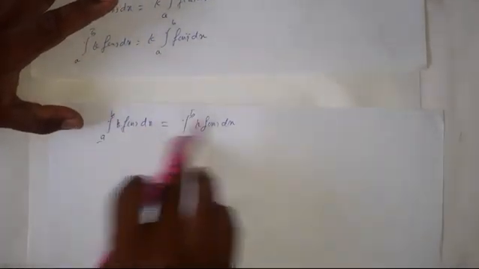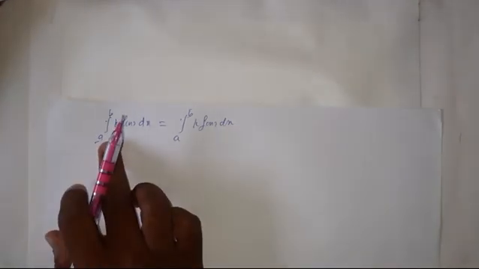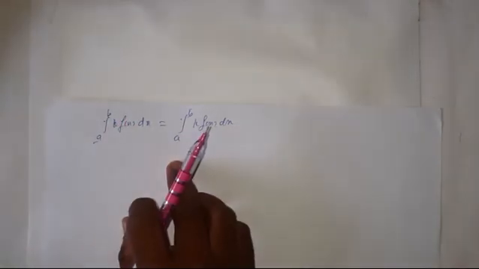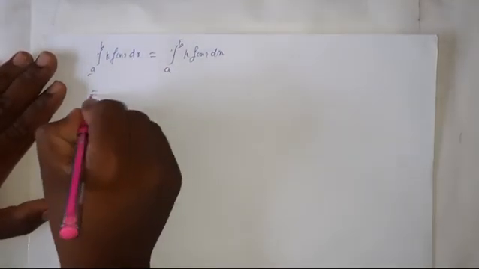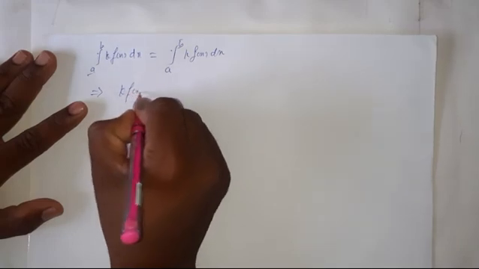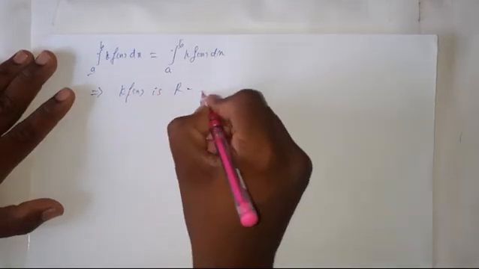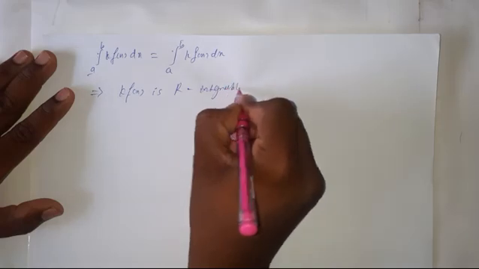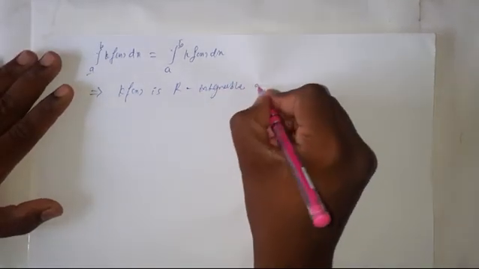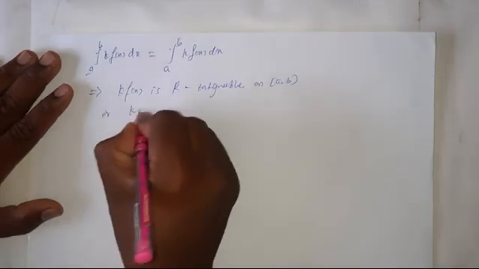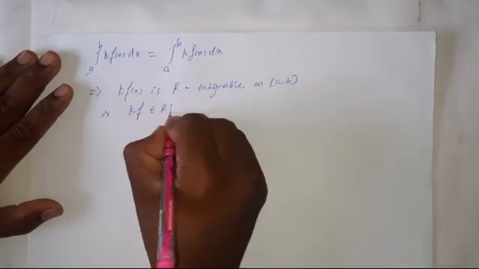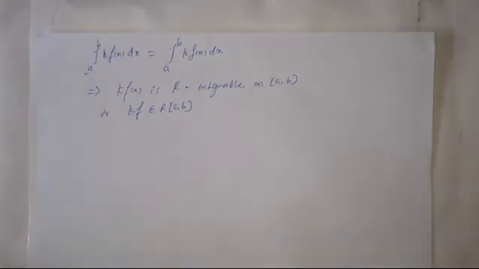So therefore, we got the result that the lower Riemann integral of the function kf is equal to the upper Riemann integral of the function kf. So therefore, it implies that k into f of x is R integrable on the interval AB, or we can write this as kf belongs to R of the closed interval AB, since the upper and lower Riemann integrals of that function are one and the same.